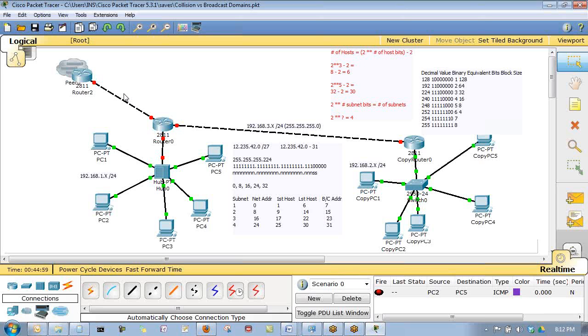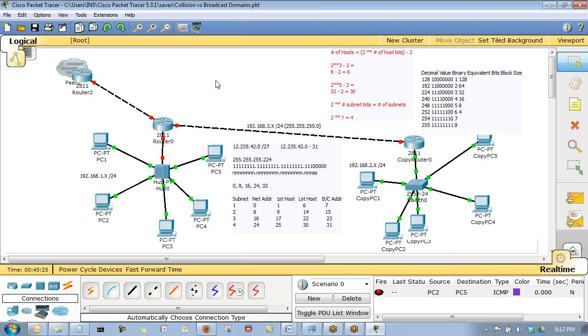An IP address for this router, an IP address for that router. So again, I'm wasting another 4 IP addresses. This is a typical problem.